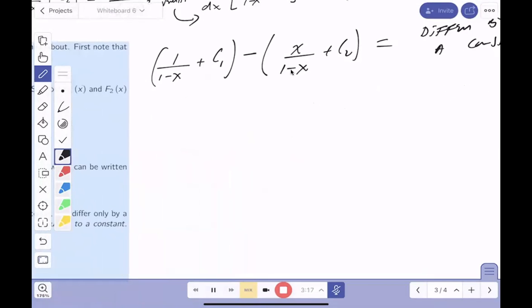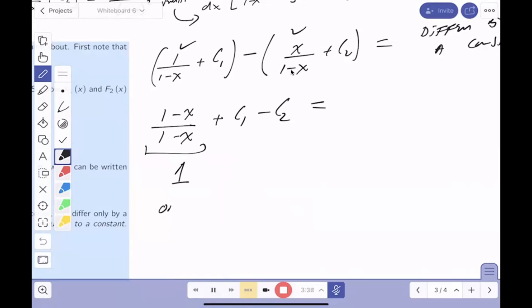Let's take a look. What would you get if you did that? You would get 1 minus x, combining these two terms together over 1 minus x, plus c1 minus c2. And what do you get over here? Well, on the domain of the problem, this is going to be numerically 1.